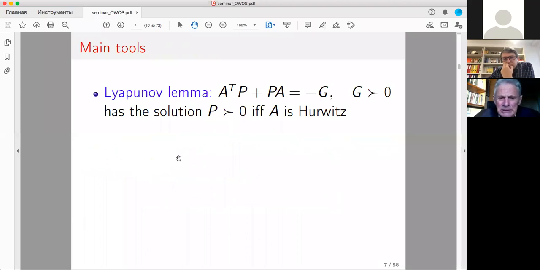The first one is the Lyapunov lemma: the Lyapunov equation of this form has a positive definite solution for a positive definite right-hand side if and only if matrix A is Hurwitz.